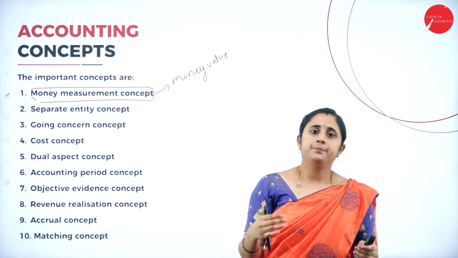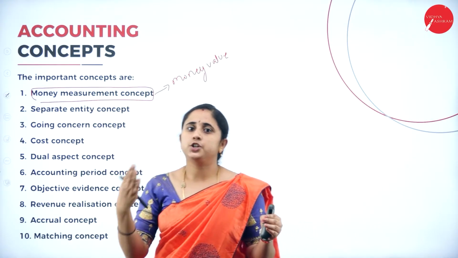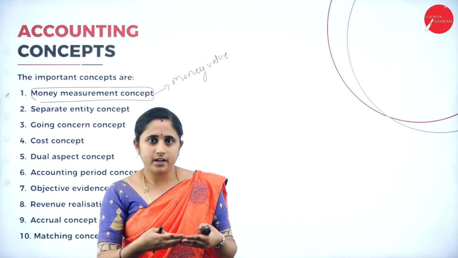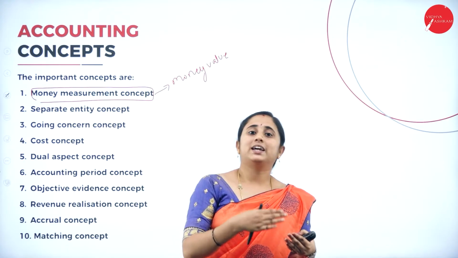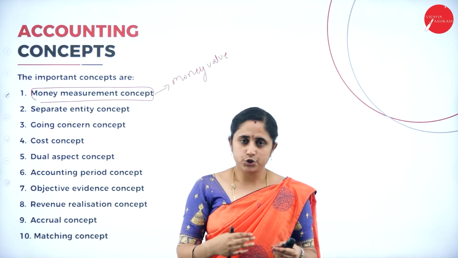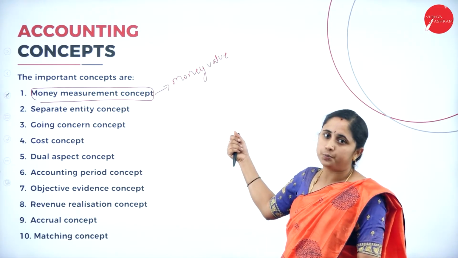For example, in a business entity, your supervisor appreciates your teamwork. It is a business related transaction only, but it cannot be measured and expressed in terms of money. So, you cannot record the appreciation by the supervisor.